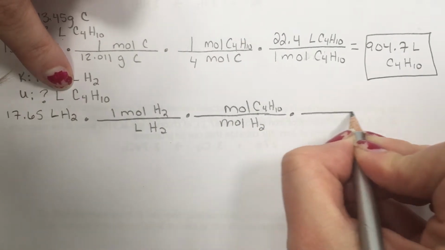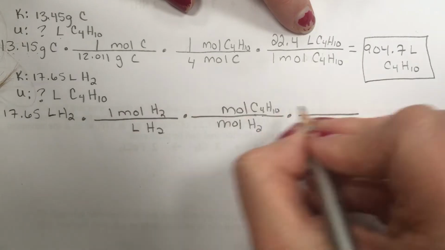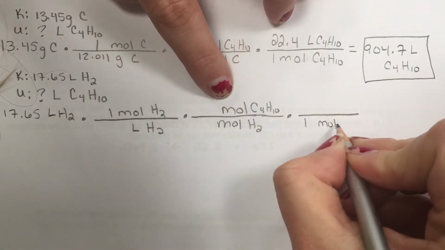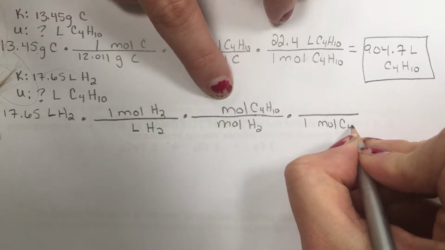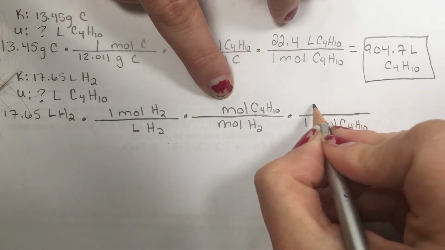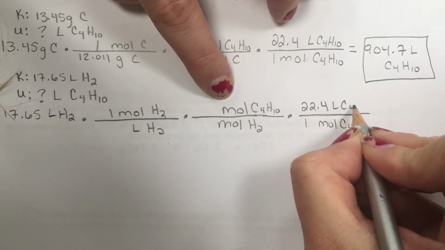Then we need to convert out of moles and back to liters of butane. So moles of butane, this will be a conversion, so we can write 1 C4H10, and that is 22.4 liters of butane.